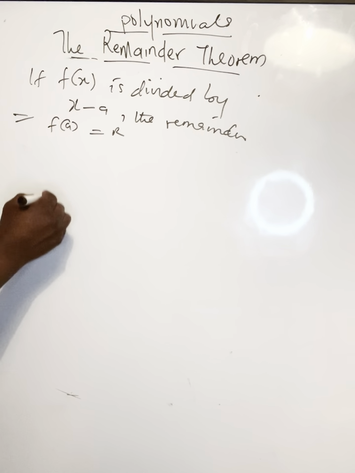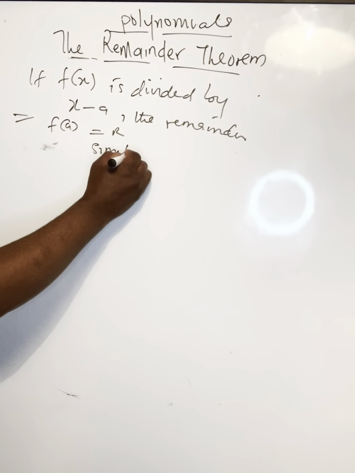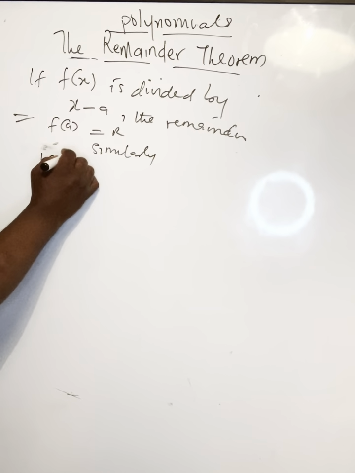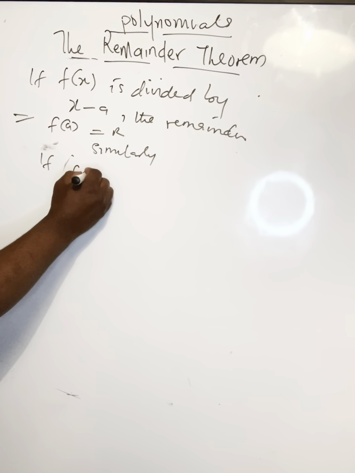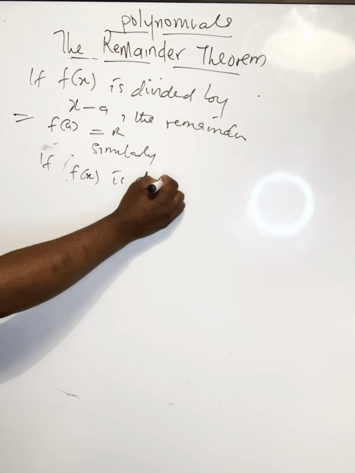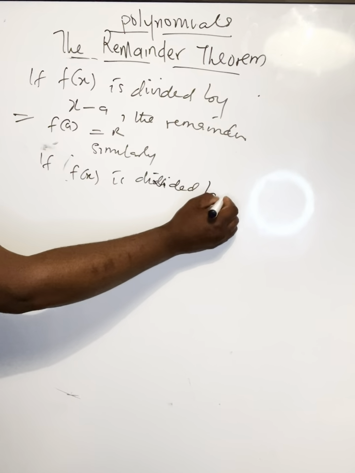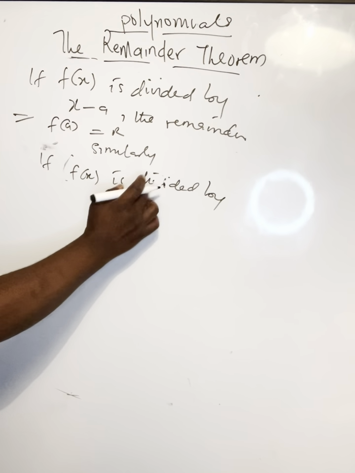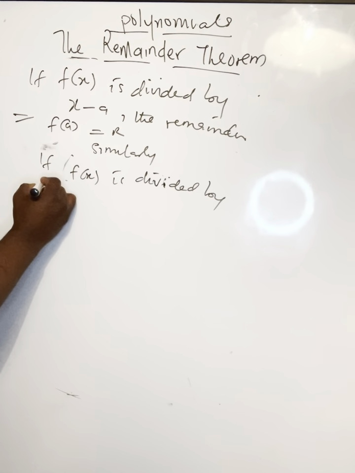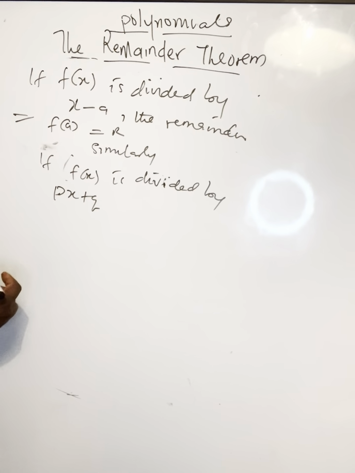Similarly, if function of x, that is a polynomial expression, is divided by p times x plus q, this is the linear expression.